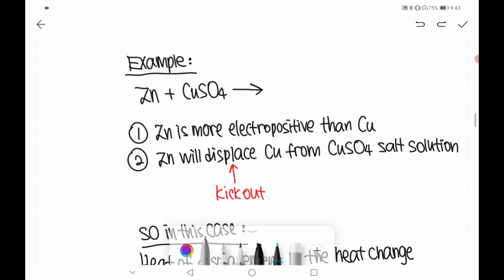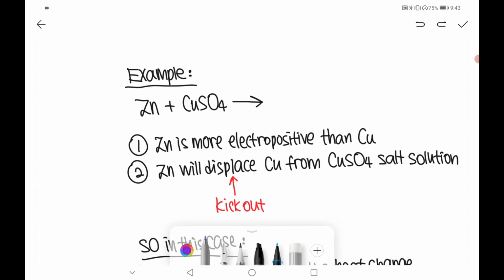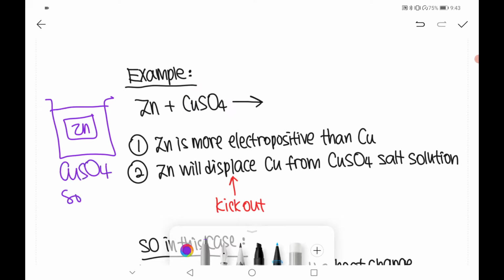Okay, look at this example. Let me show you a simple example. Just assume that we put a piece of zinc in copper sulfate. Copper sulfate is a salt solution. We learn about salts in Form 4 Chapter 6.